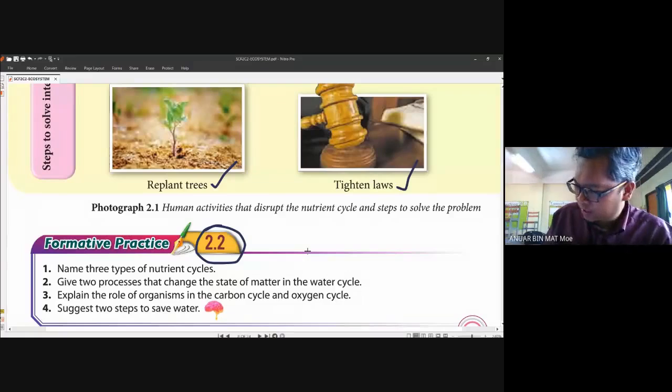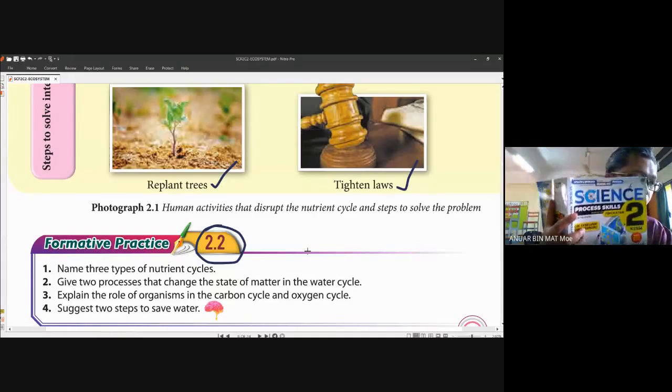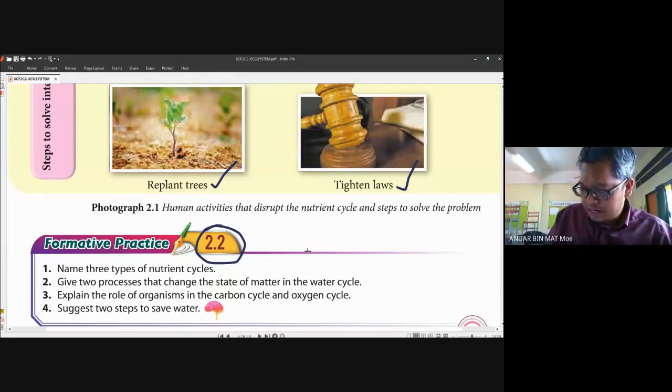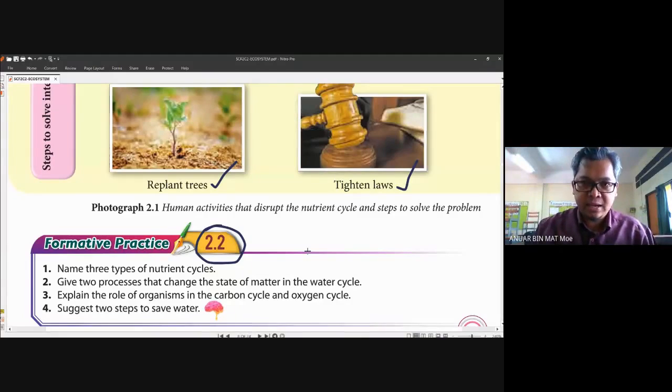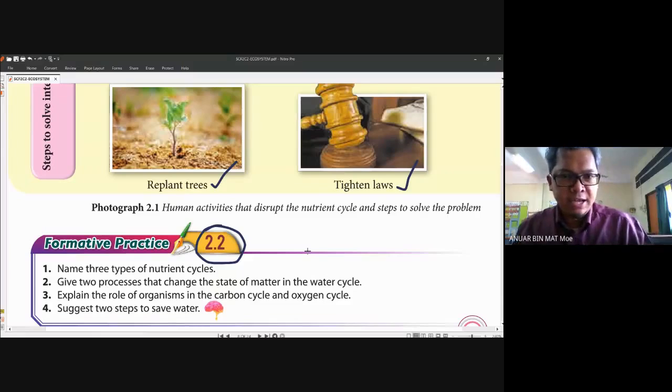I think you can do it if you understand. Try to find the answer in the textbook, and I already covered all this. So in your workbook, you finish page 12, page 13, and then 14. Okay, so I will repeat the homework again in our Telegram group.